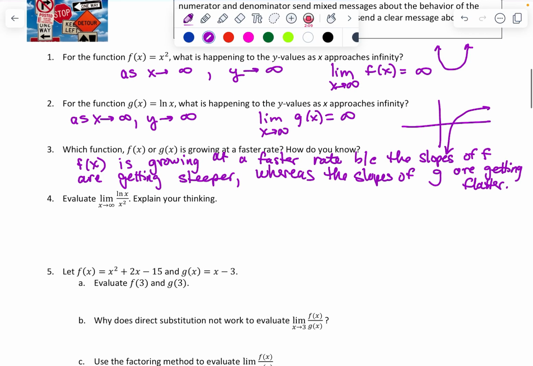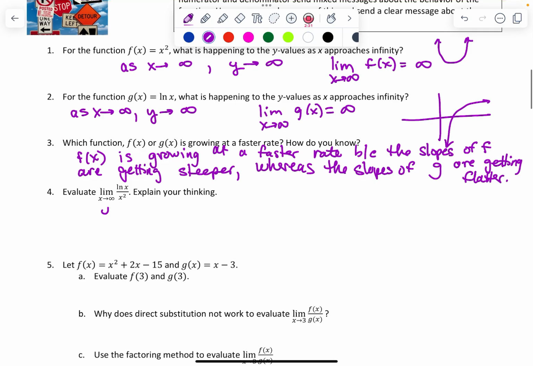All right, so now we have just figured out that the limit of f of x goes to infinity and the limit of ln x goes to infinity. So we want to evaluate the limit as x approaches infinity of ln x over x squared.